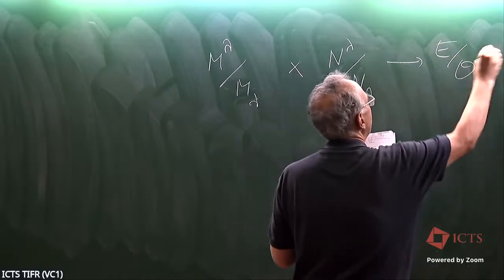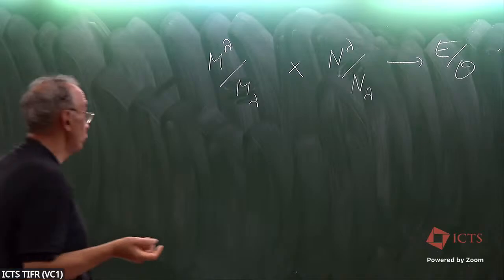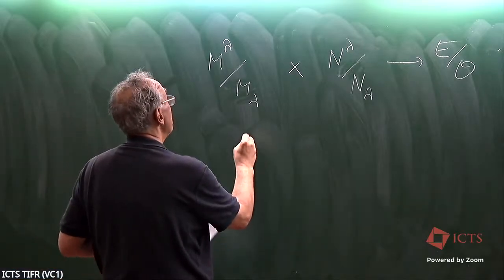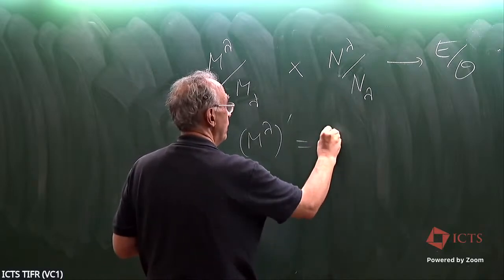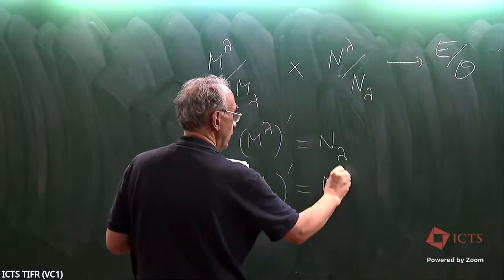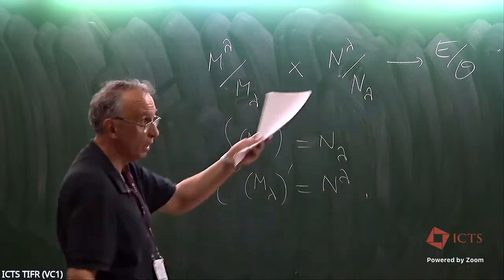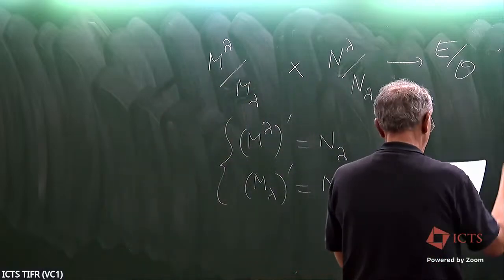We want to have this perfect duality. So we apply the lemma, and we have to prove something quite clear, which is that M_lambda prime is N_lambda, and N_lambda prime is M_lambda. That's what we have to prove to apply the lemma. So we prove only one of them. Let's prove one inclusion.